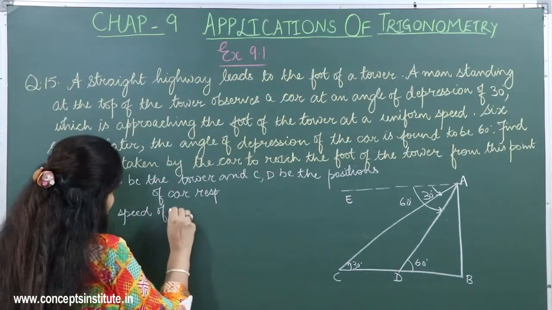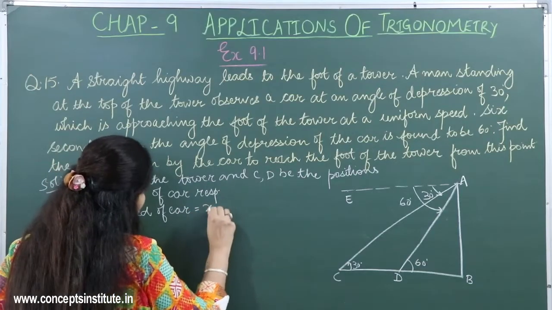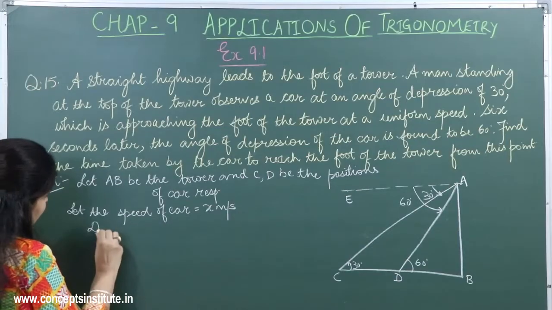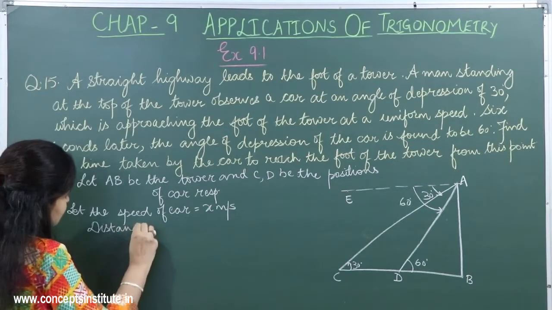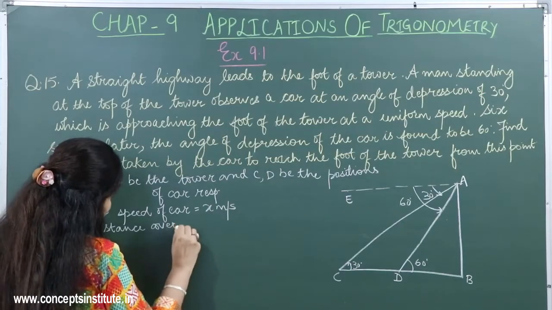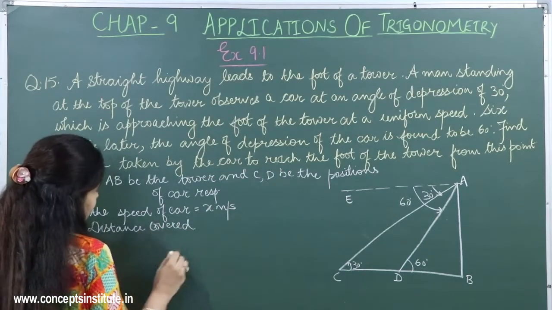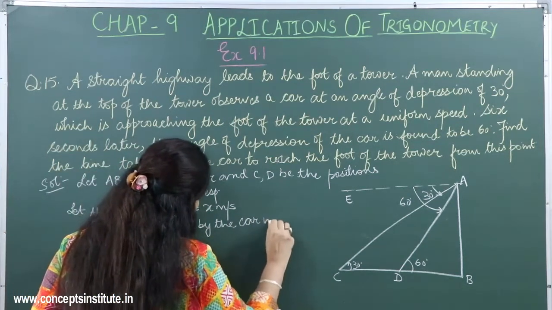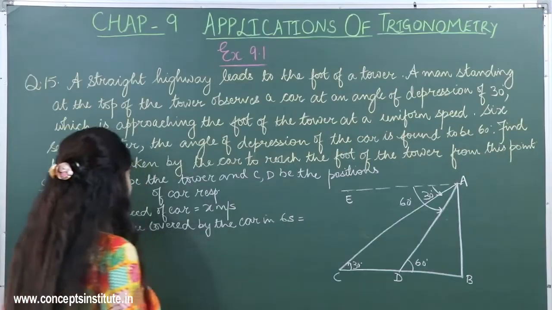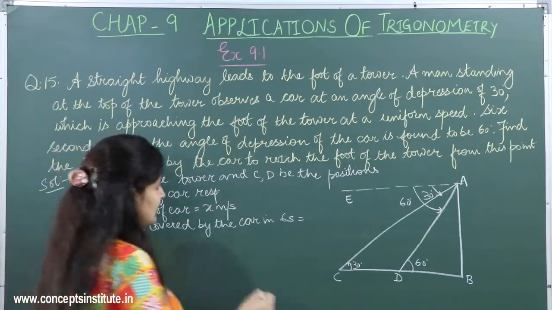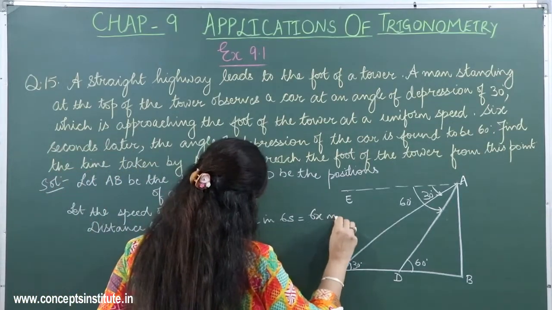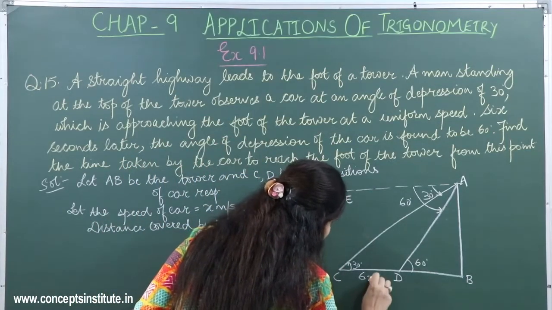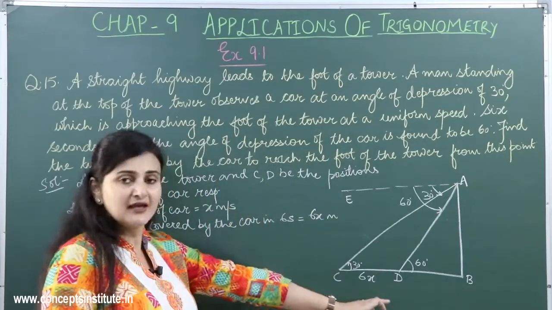So let the speed of car be x meters per second. So students, can you tell me what would be the distance covered by the car in 6 seconds then? We know that distance equals speed into time. So it would be 6x meters, isn't it? So that means this distance CD would be 6x, right?